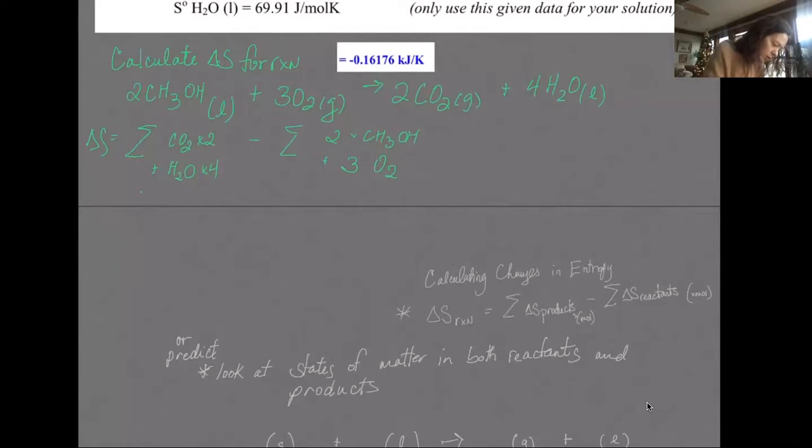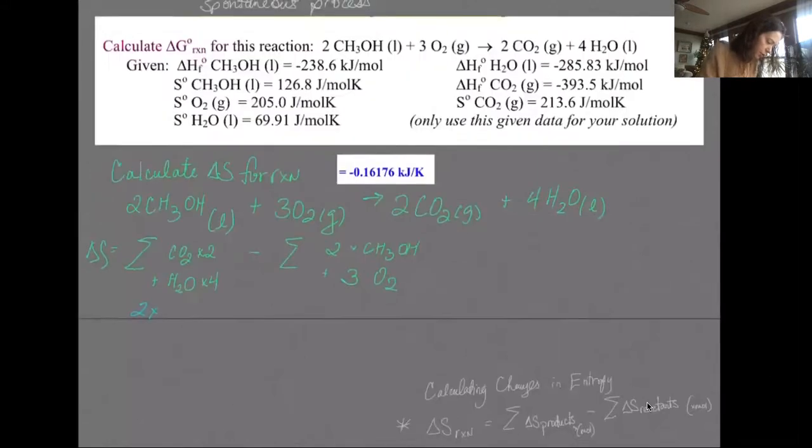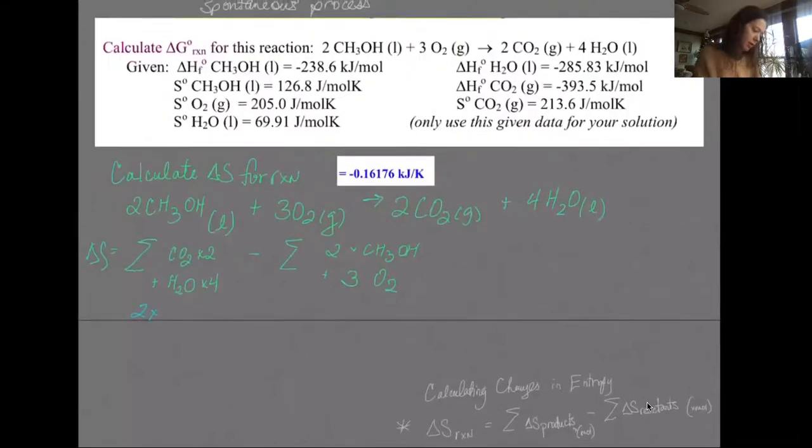That's going to be 2 times CO2, which is given to us up top with an entropy of 213.6 joules per mole Kelvin. So I want you to notice that entropy is most often given to you in joules. 3 oxygens, look up, that is 3 times 205.0 joules per mole Kelvin.